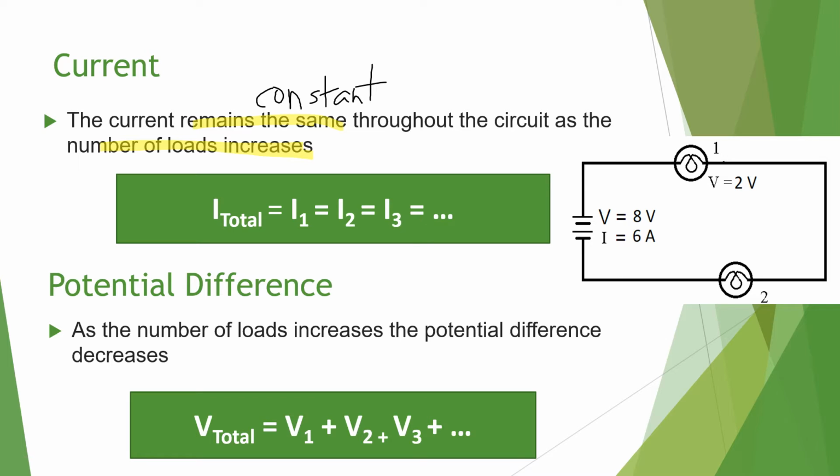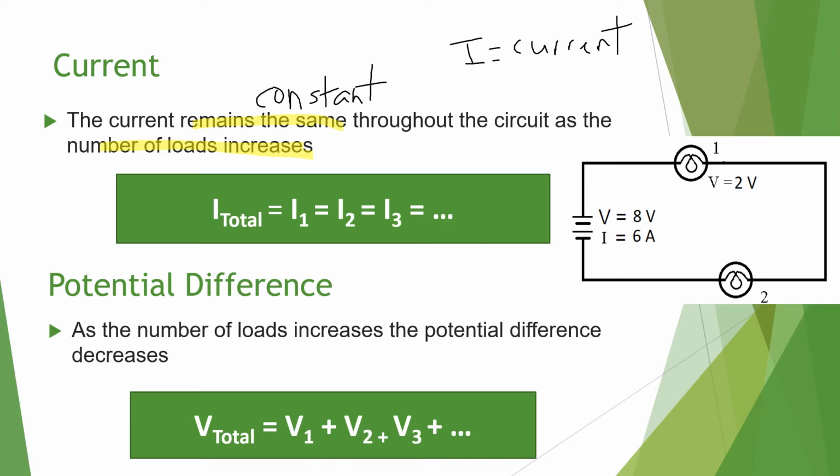So that means that the total current, remember guys, I equals current, is going to be equal to the current at load 1, which is equal to the current at load 2, and load 3.